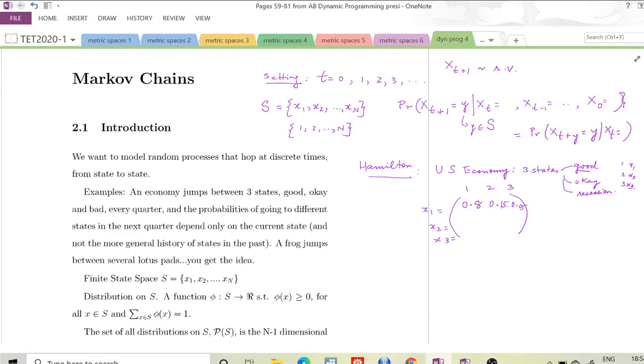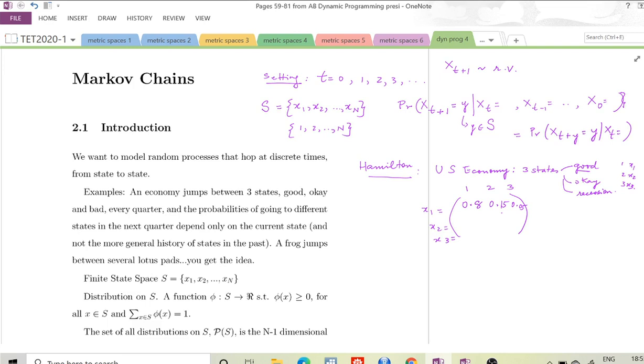And then one can ask questions such as, suppose the economy is in recession today, what is the probability that it will be good 10 quarters from now using this model, right? And you can ask further questions such as the following. Suppose there's a firm whose profits can be described as changing with the state of the economy, right?